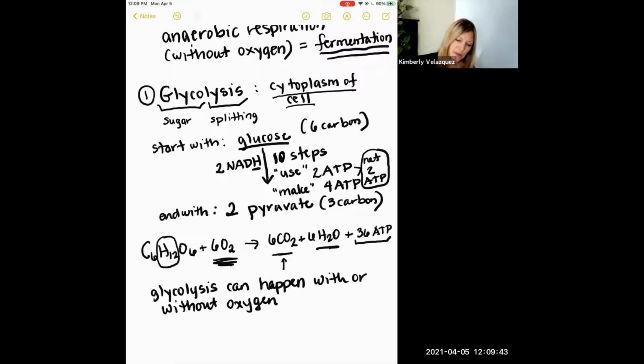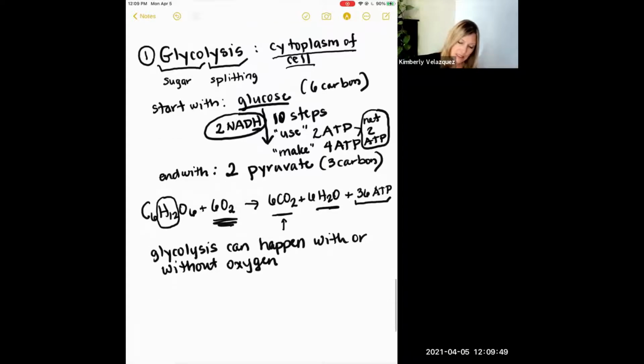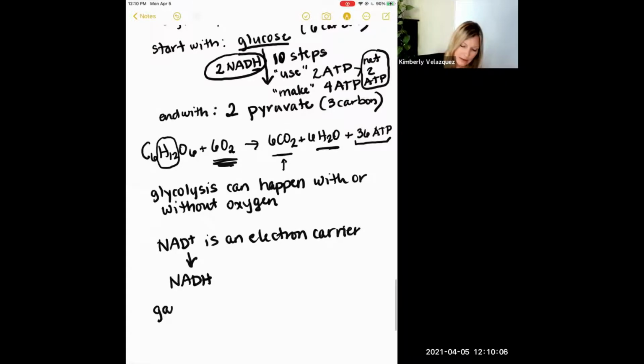Also important to realize we picked up the first 2 of the 12 hydrogens and made 2 NADH. NAD+ is an electron carrier. And when it picks up electrons, it becomes NADH. Remember, gain of hydrogen equals gain of electrons.